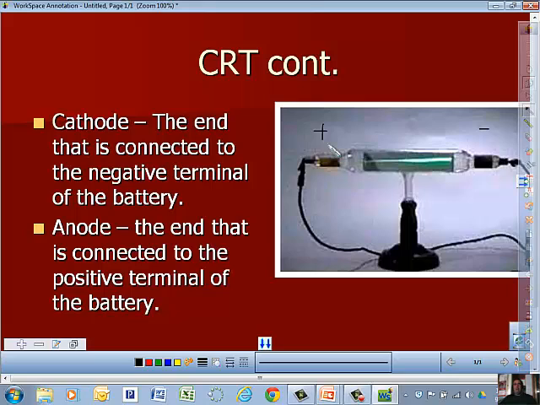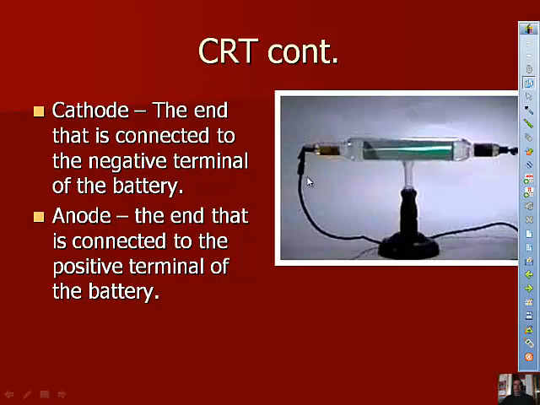Now the CRT is going to be called a cathode ray tube. The reason it was called a cathode ray tube was, whichever end was hooked up to your negative portion, the charge always started at the negative end and flowed towards that positive end.